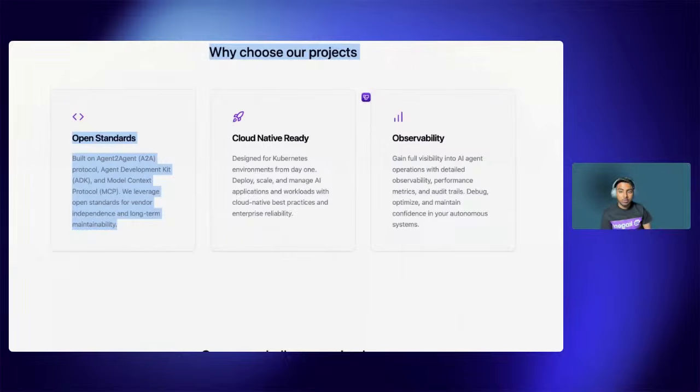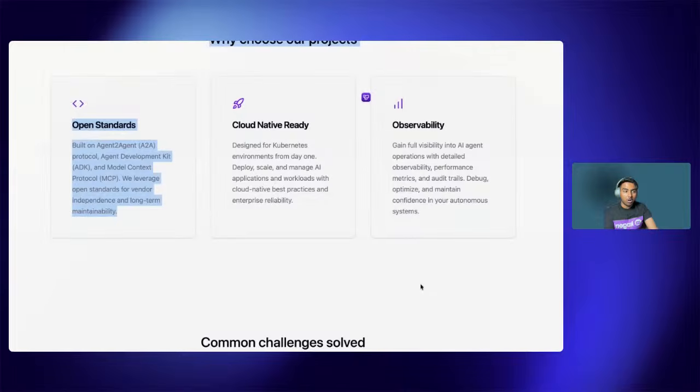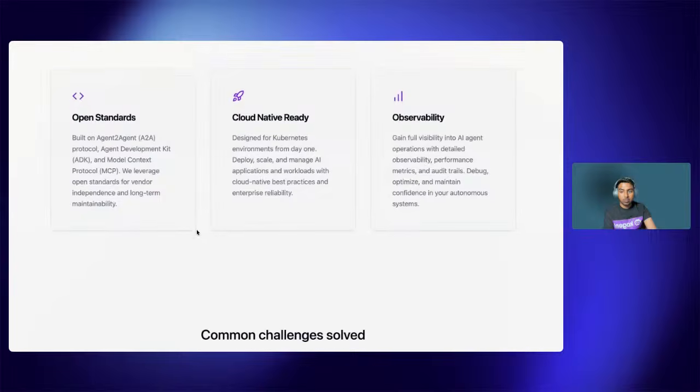A2A was built by Google and later donated to the Linux Foundation. It provides a common communication protocol for AI agents to talk to each other, regardless of the vendor framework. It's mentioned over there as well.